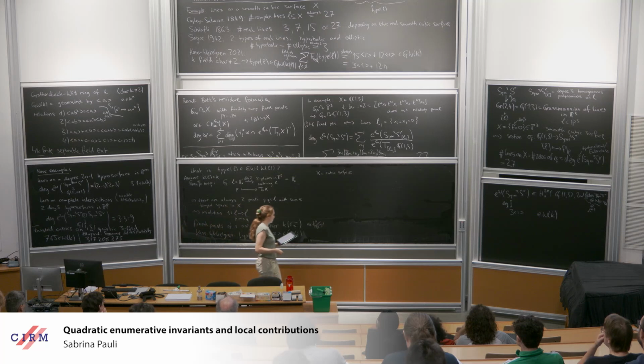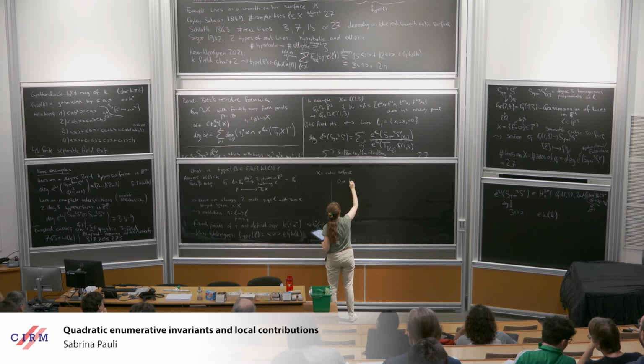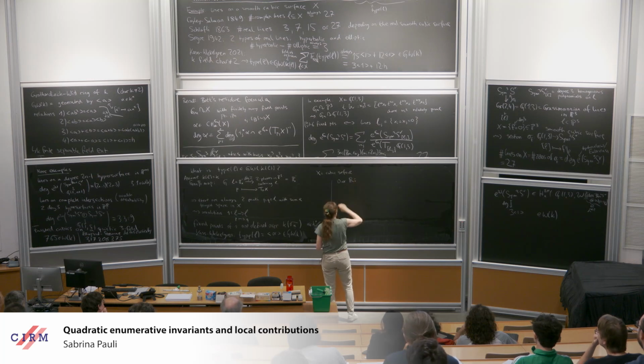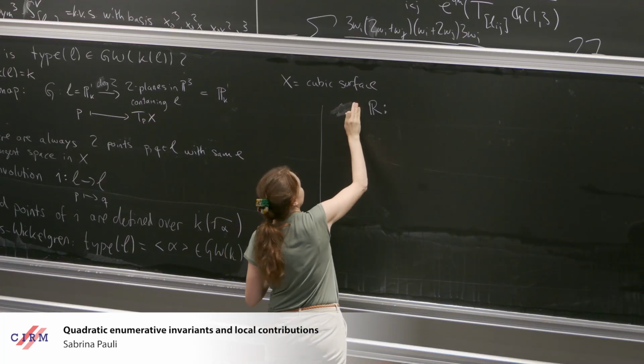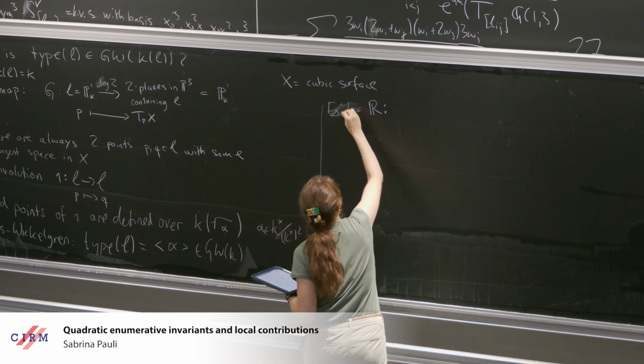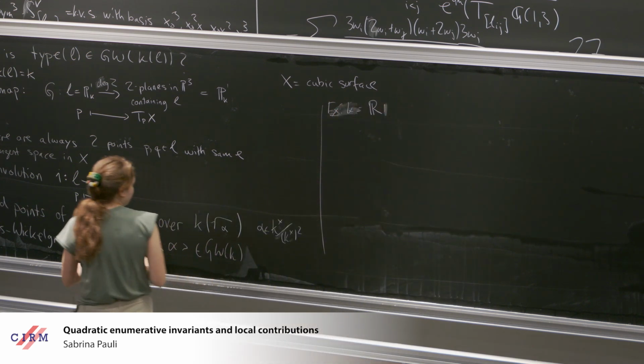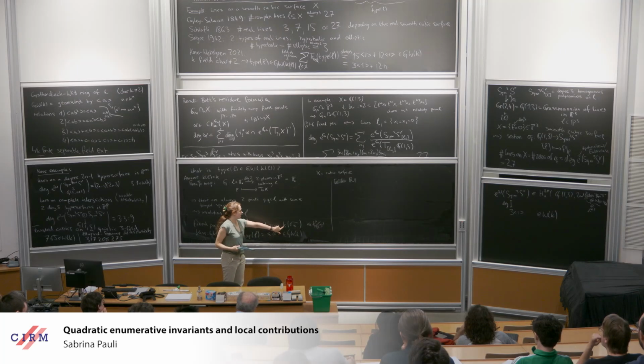Maybe let's do this over R. Well, let's say assume K is equal to R. Let's do an example. Then we get that there are two types. If K is R, I have two choices for alpha.